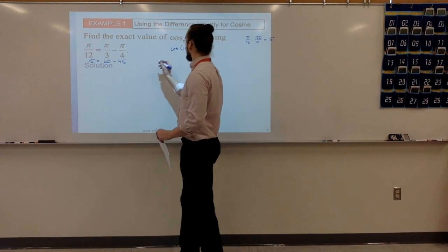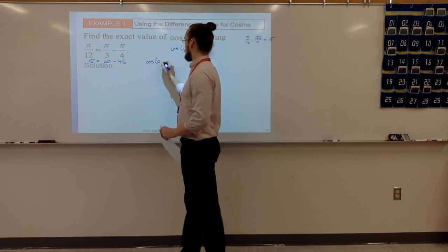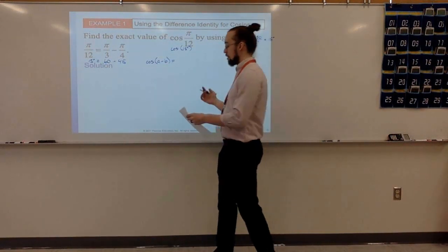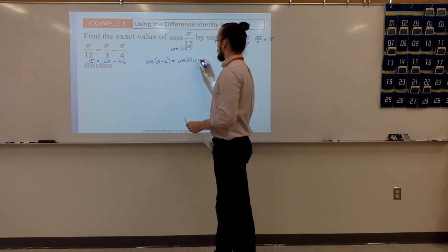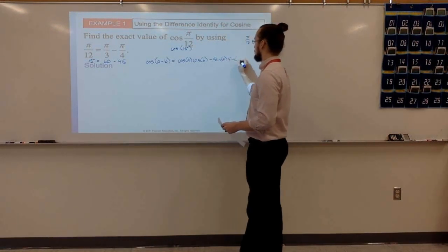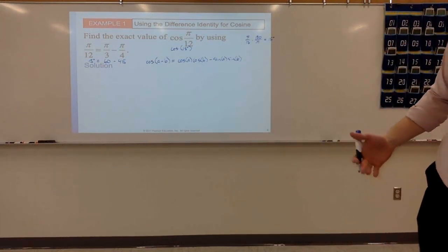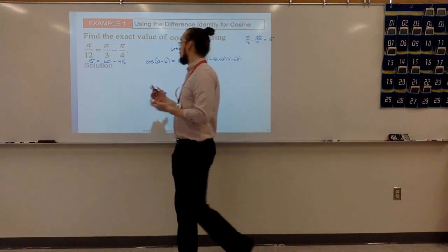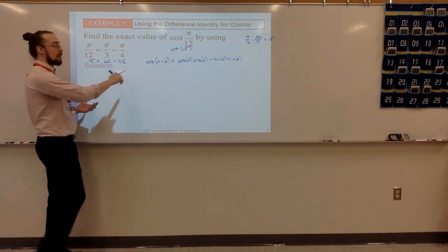So our difference formula for cosine, I'll just write out the whole thing first, generically: cosine of A minus B is equal to cosine of A times cosine of B minus sine of A times sine of B. In this case, our A and B are 60 and 45, because cosine of 15 degrees is the same as cosine of 60 minus 45.